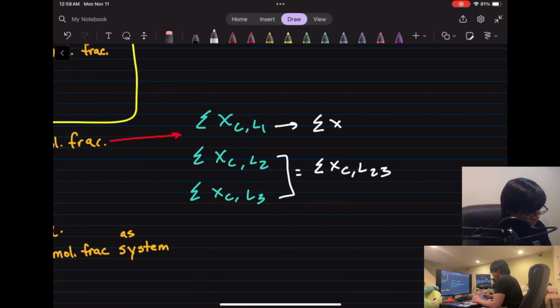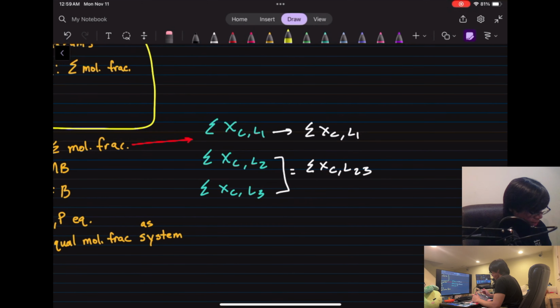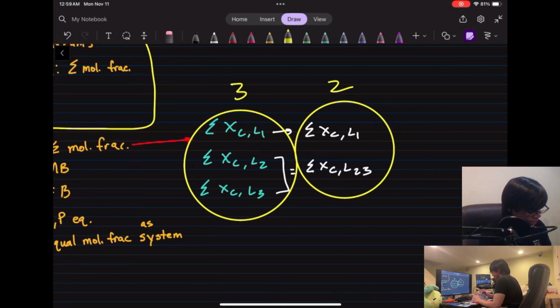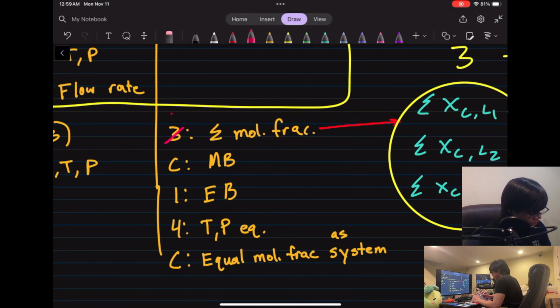If I rewrite this kind of visually, I know this helped me when I was trying to understand this. We went from 3 equations to now 2. So that's why that's the case. For these mole fractions, now it is 2.